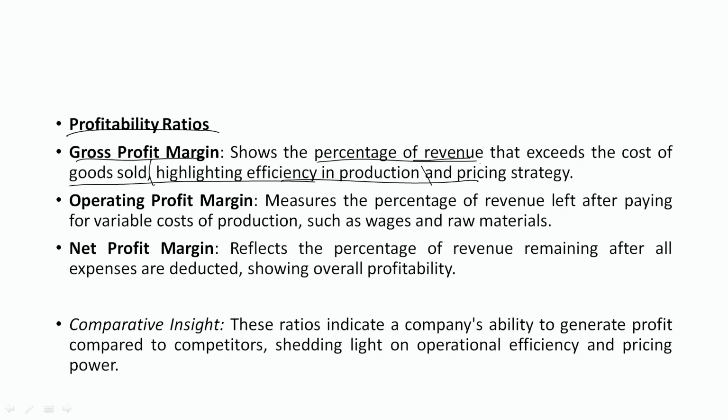So the revenue over and above the cost of goods sold is the gross profit margin. Operating profit margin is nothing but the percentage of revenue left after paying the variable cost of production. So in other words, after deducting the operating part of the production activity, whatever is left is considered to be your operating profit margin.